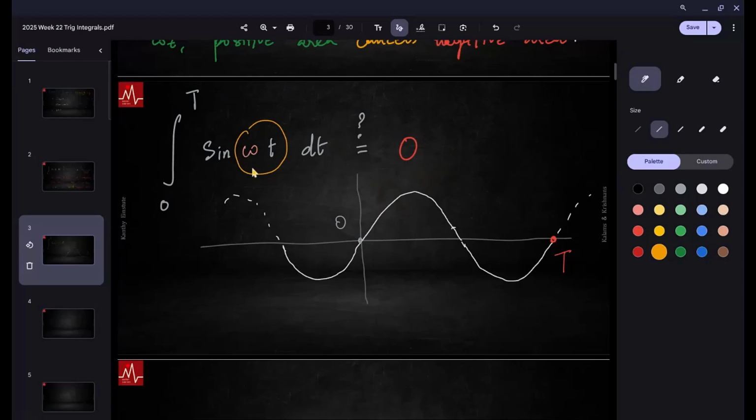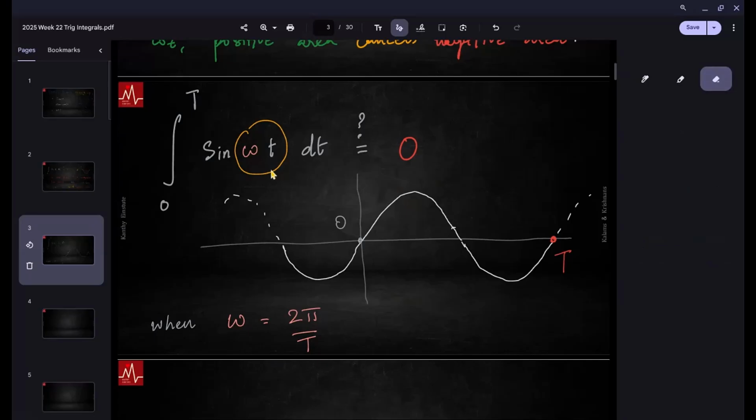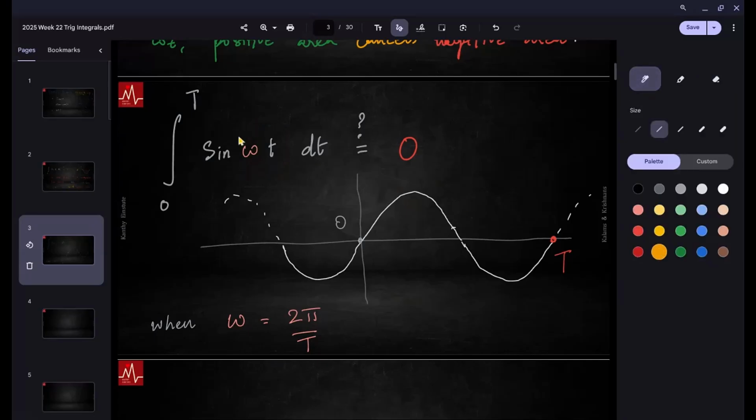When omega is like this, notice 2 pi by t. What goes inside that bracket, that is the input.